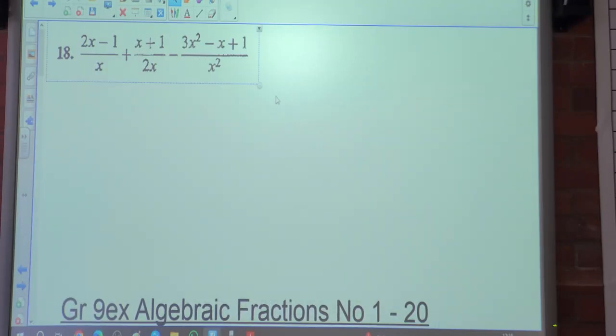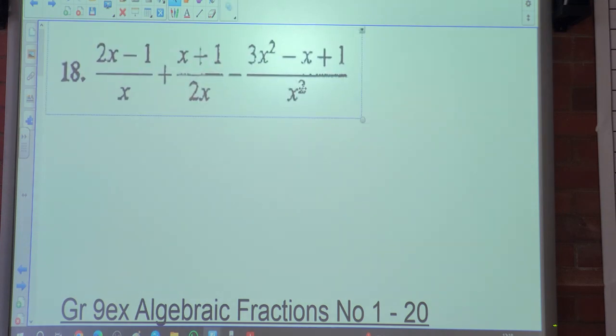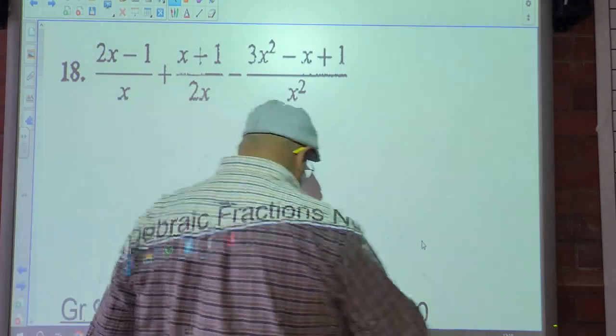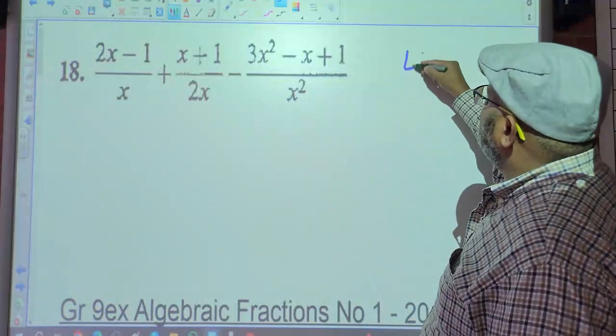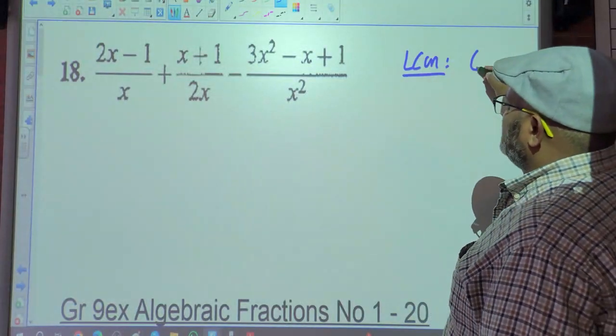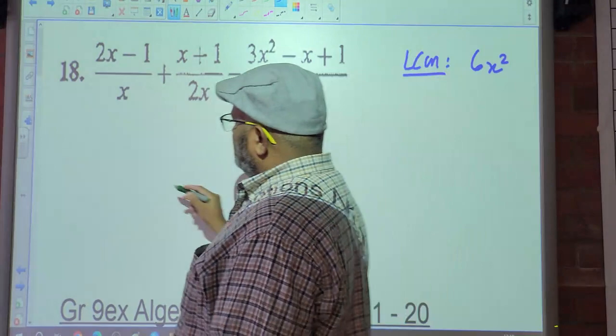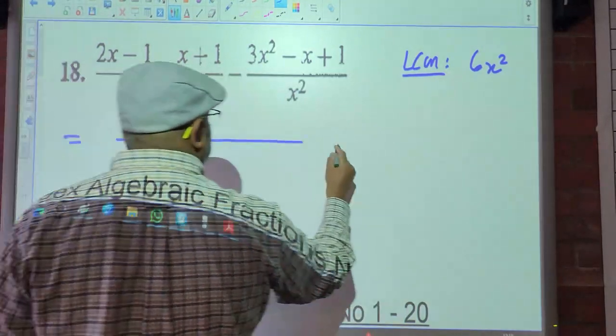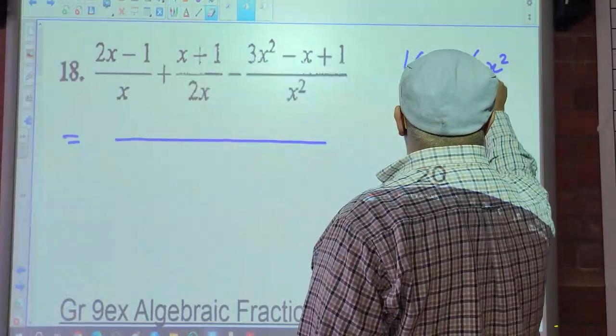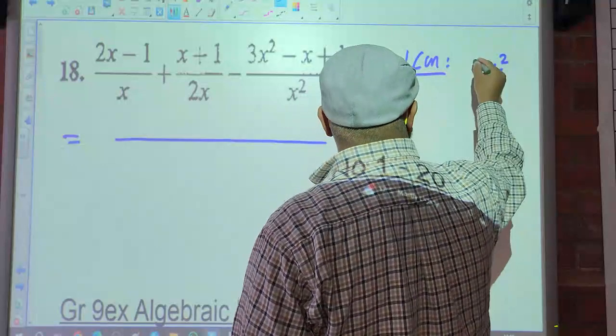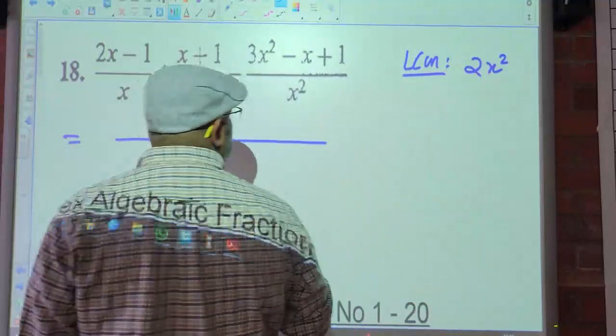Number 18. What's your LCM here? The LCM is 2x squared. I don't like it when you write the wrong thing.